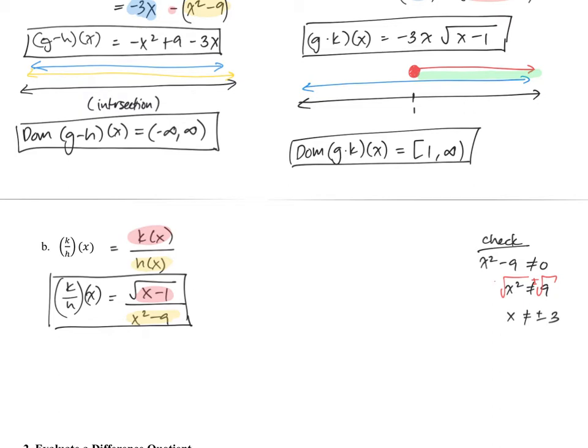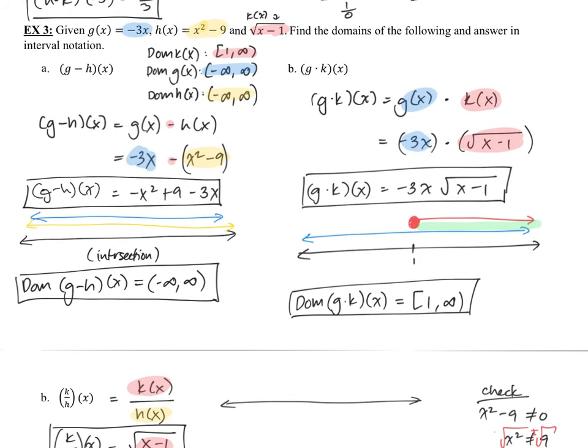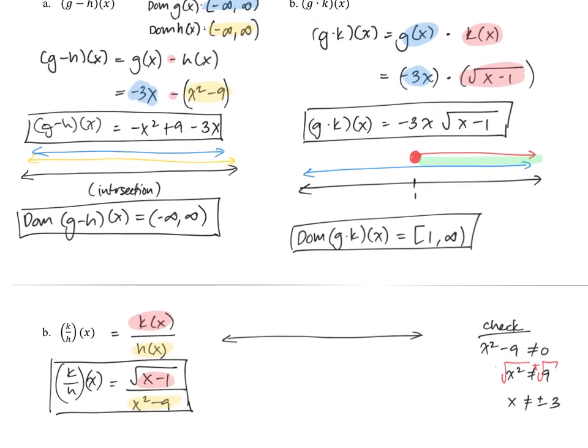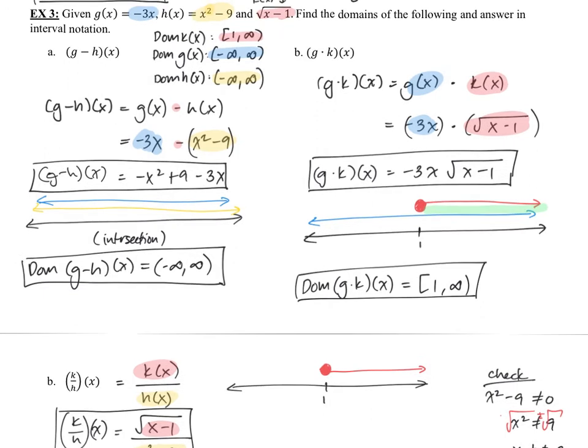Alright, so with this new piece of information on hand, let's go ahead and graph the domains for k and h first. So the domain for k was 1 to infinity, including 1. And then the domain for h was all real numbers.